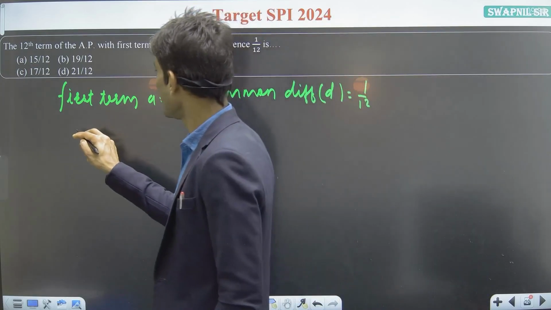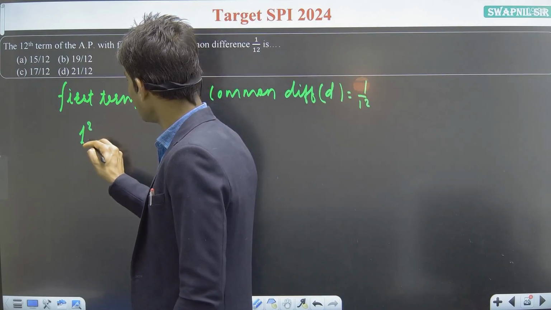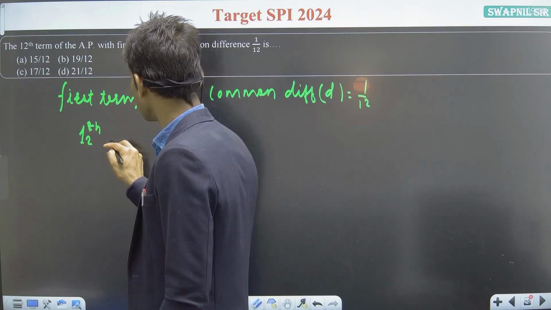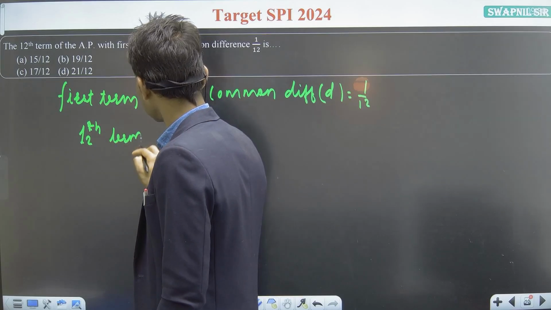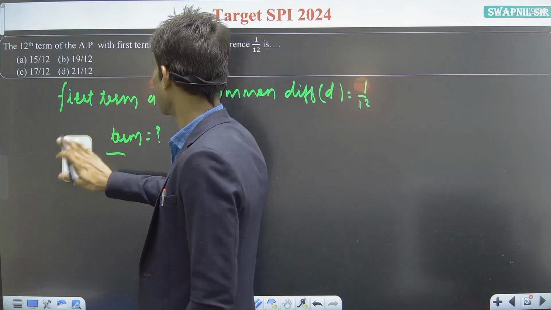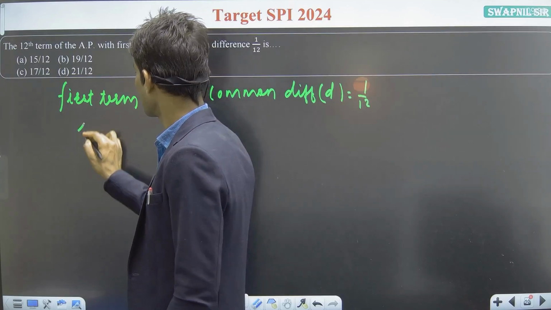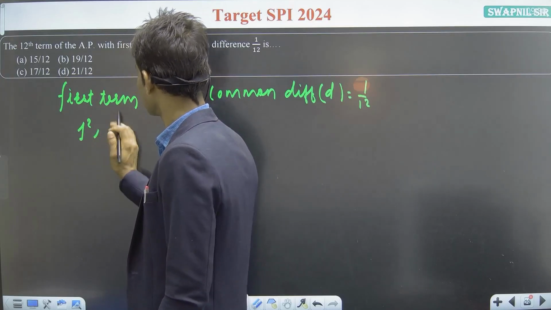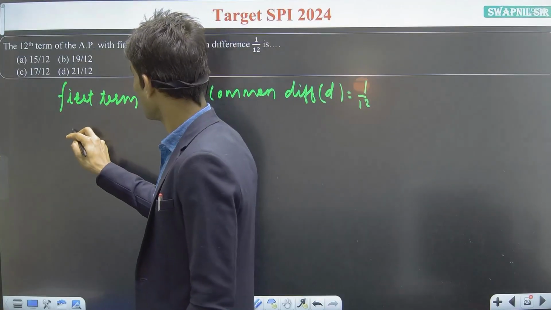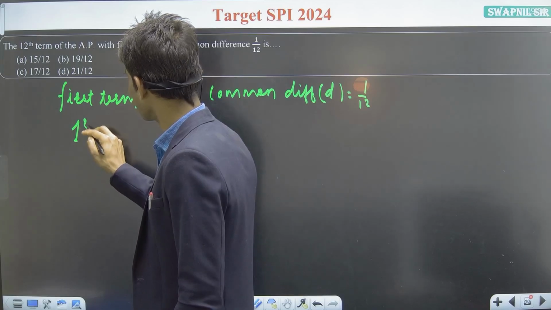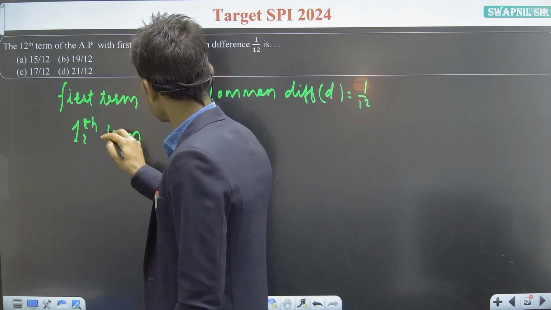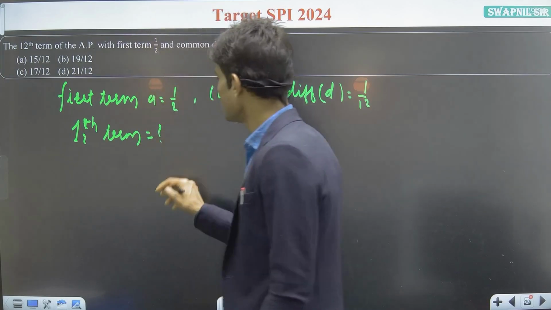And we want the 12th term of the arithmetic progression, denoted as T12.